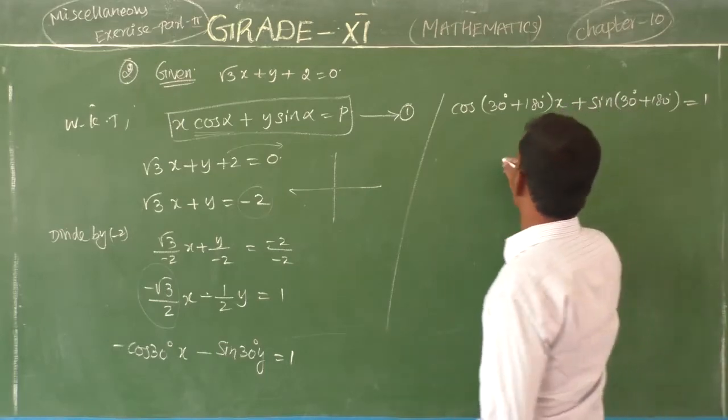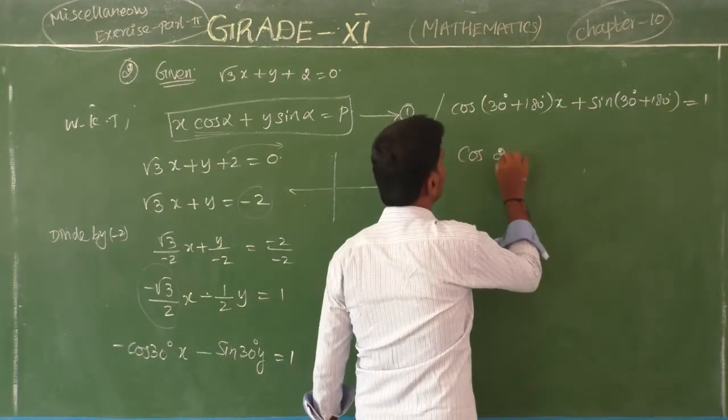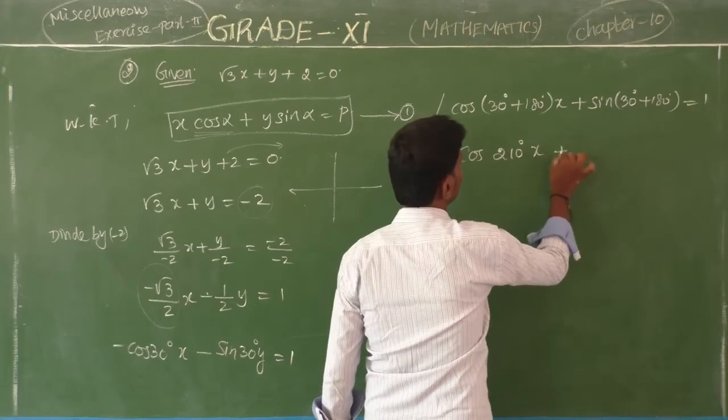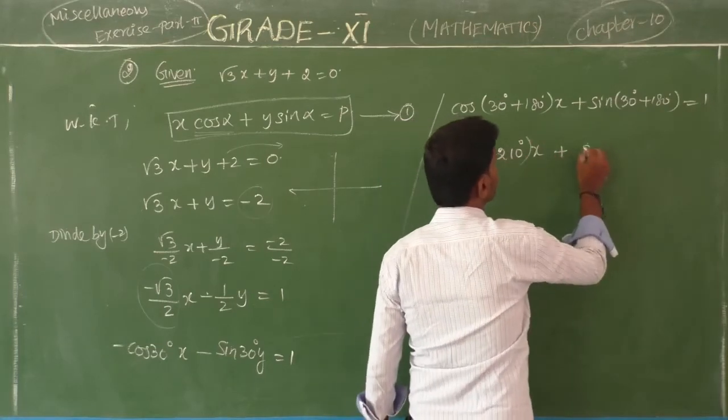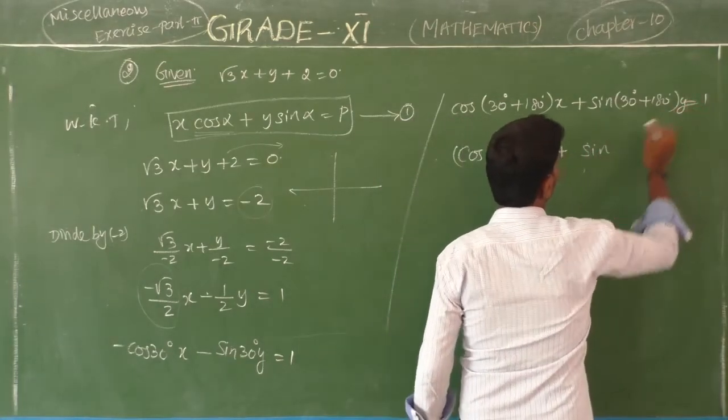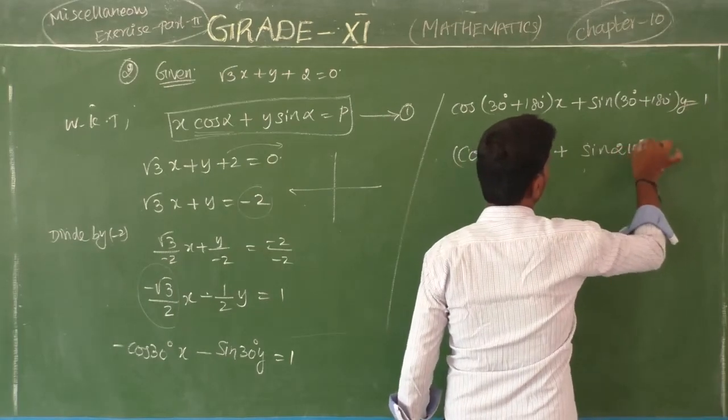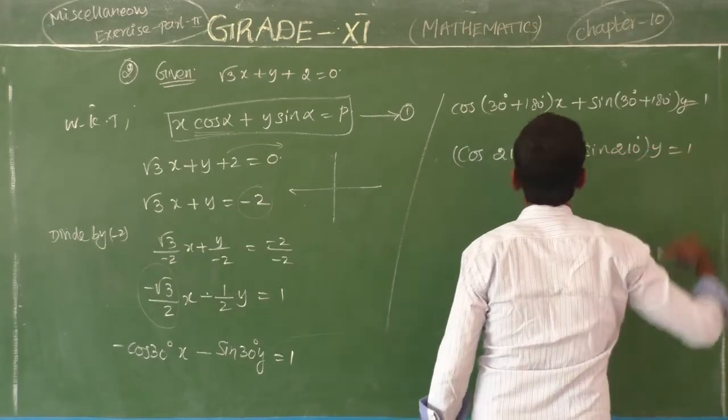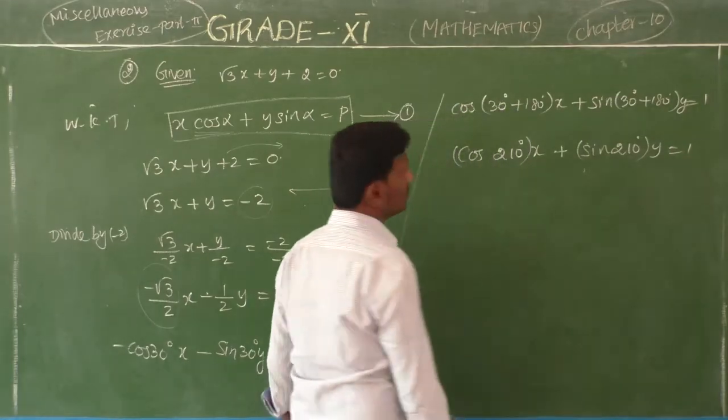Now we get x cos 210 degrees plus y sin 210 degrees equal to 1.